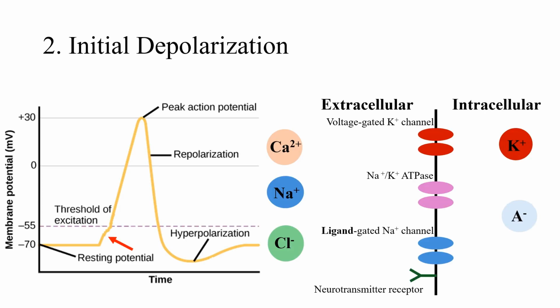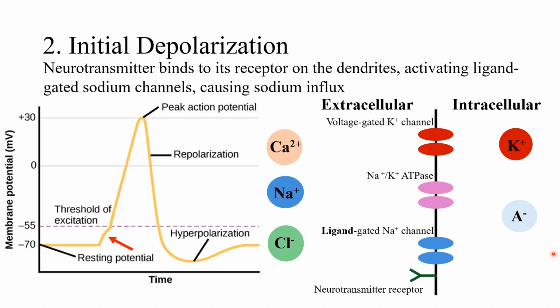What happens next is initial depolarization. So on our graph here, that's this little beginning spike up in the potential. And what's happening in initial depolarization is your neurotransmitter binds the receptor on the dendrites, and then that activates a ligand-gated sodium channel.